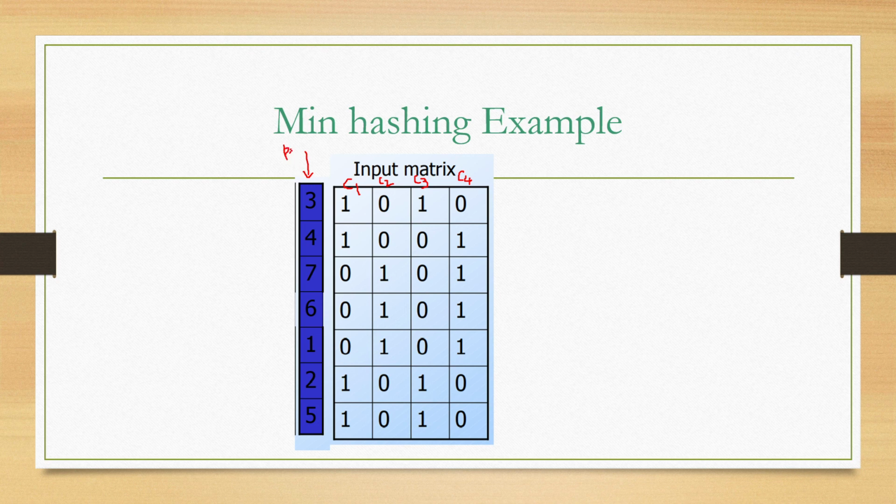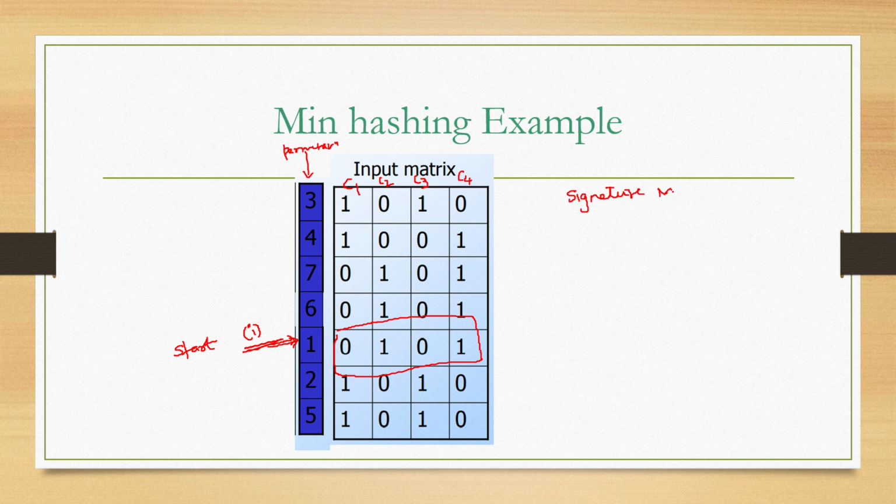So this is a permutation that we are assigning. This is 1, that is where we need to start, and this is our first row.